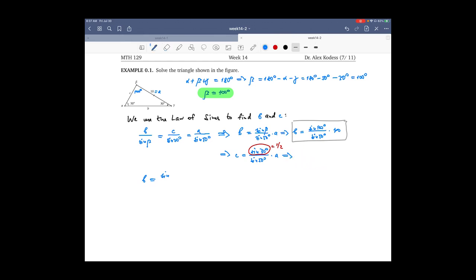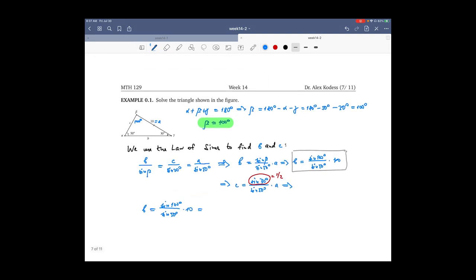So b is sine 100 degrees over sine 50 degrees times 10. Using the sine of the double angle formula, sine of 2 alpha equals 2 sine alpha cosine alpha.